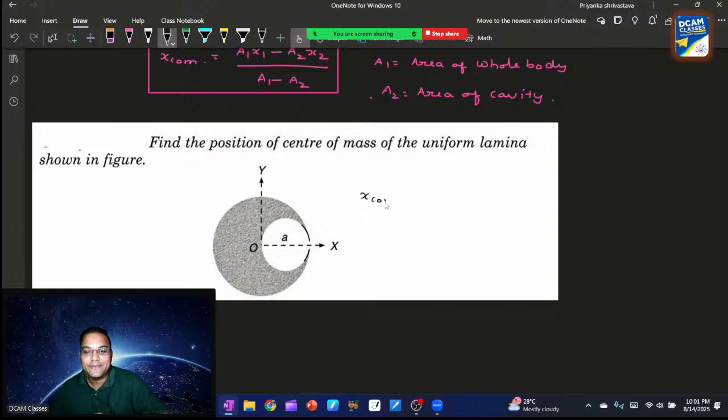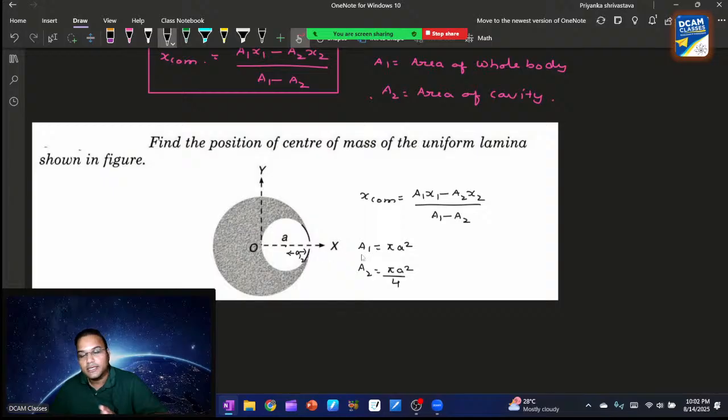The x center of mass is (a1 x1 minus a2 x2) divided by (a1 minus a2). A1 is the area of the whole body, and a2 is the area of this cavity. Yes, sir, it's -a/6. The radius of the cavity is a by 2, so its area is pi a square by 4, right?